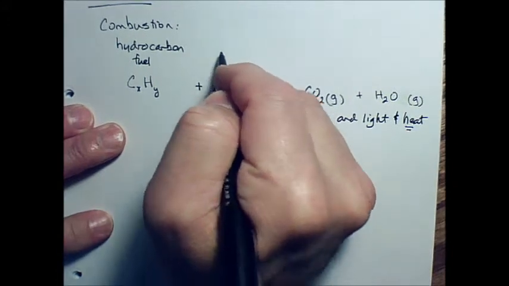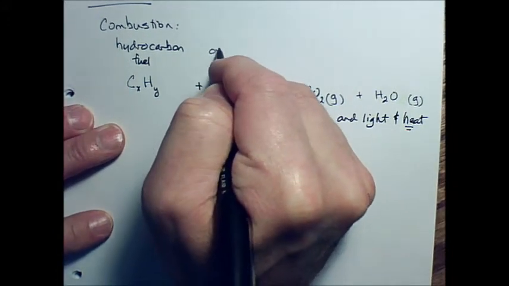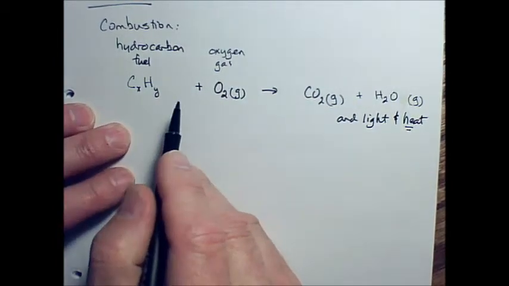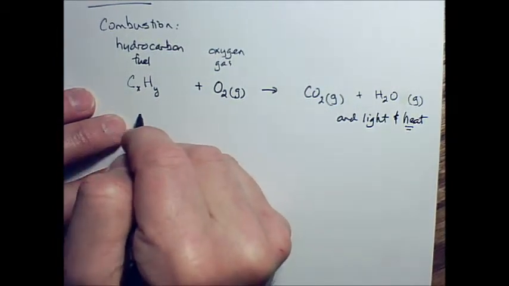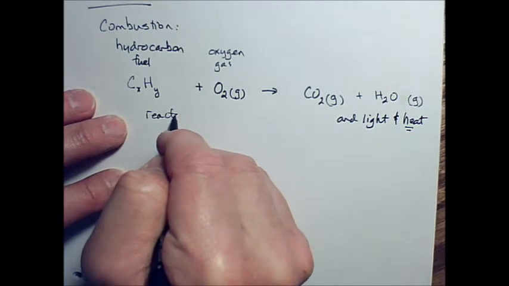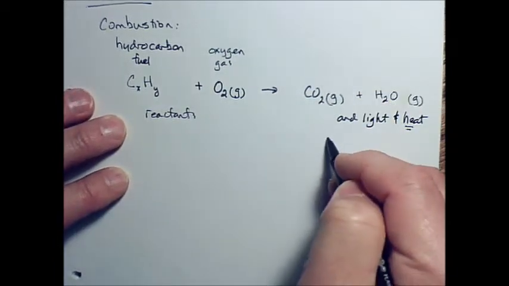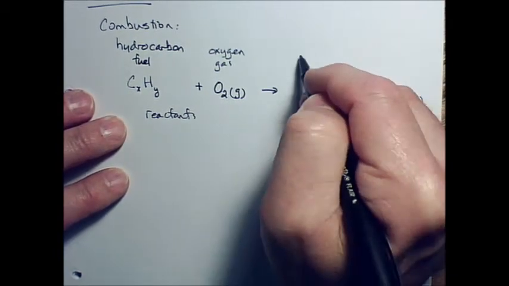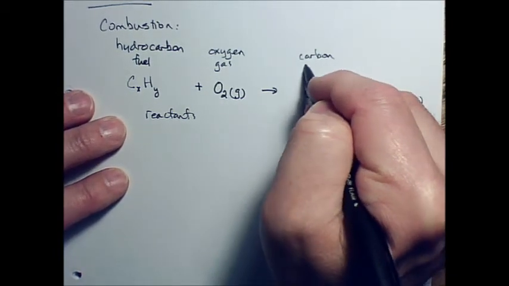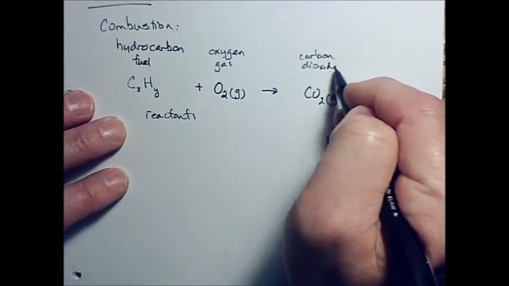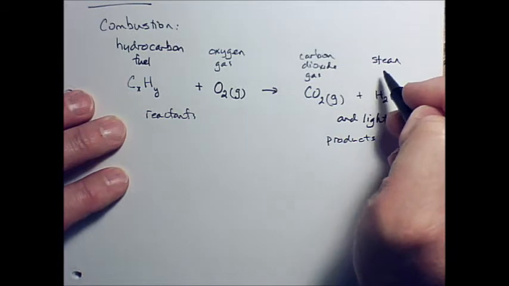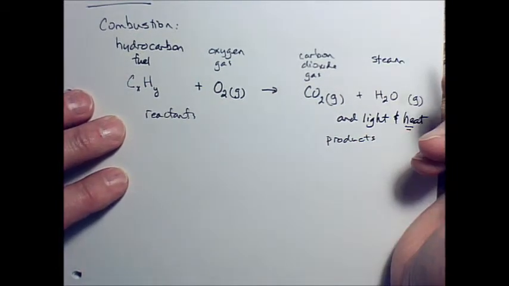Hydrocarbon fuel, okay, oxygen gas. All right, those are reactants. This side is the reactant side. And then your products over here on this side always include carbon dioxide, and steam, or gaseous water.